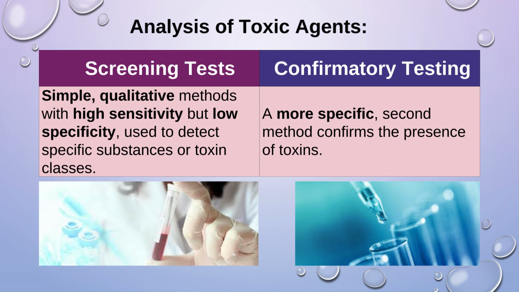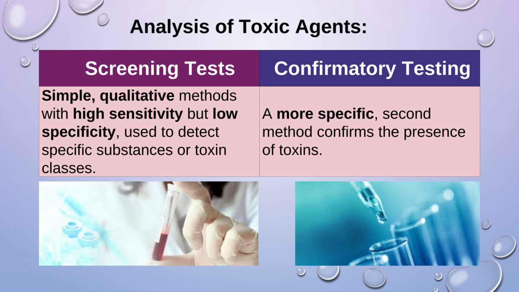So, analysis of toxic agents, we have two manners of testing: the screening and the confirmatory form of testing. The screening test is usually simple and qualitative in nature. We're not measuring the concentration, but we are just trying to see the absence or presence of a particular toxin or poison.